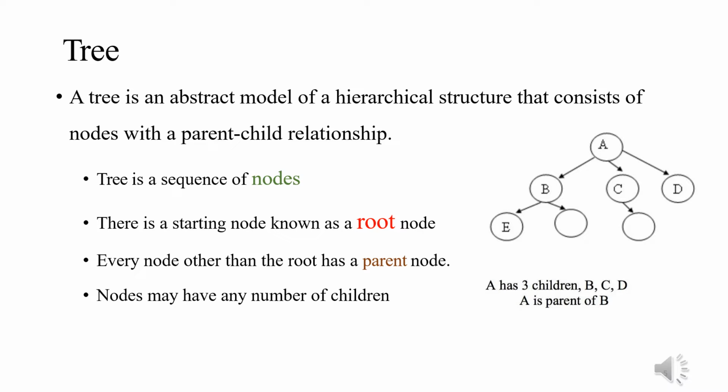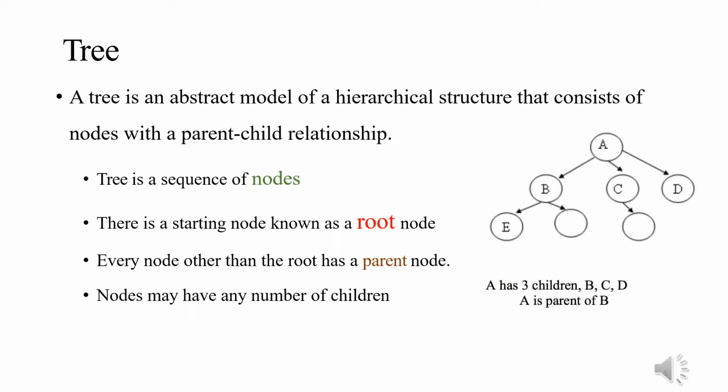What is a tree? A tree is an abstract model of a hierarchical structure that consists of nodes with a parent-child relationship. A tree is a sequence of nodes. There is a starting node known as the root. Every node other than the root has a parent node.